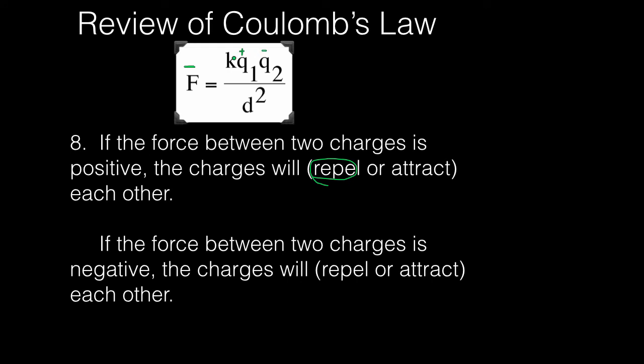And then you will see that the force will be negative, because a positive times a negative is negative. And so if you have opposite charges here, they will attract each other. And so you'll notice that if you use Coulomb's law and it turns out to be a negative force, the charges will attract each other.